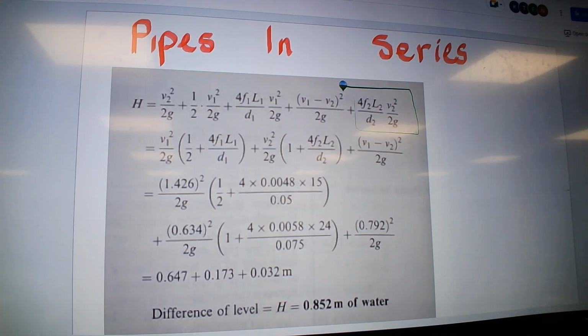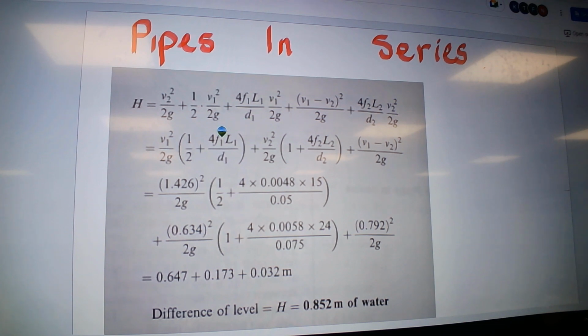Rather than simplifying, going through this step or this step, what you can do is straight away start putting the values in the first equation. We have the velocity 2. We have the velocity 1. We know the value of g. We know the value of f1, the length 1, the velocity 1, and the diameter 1.